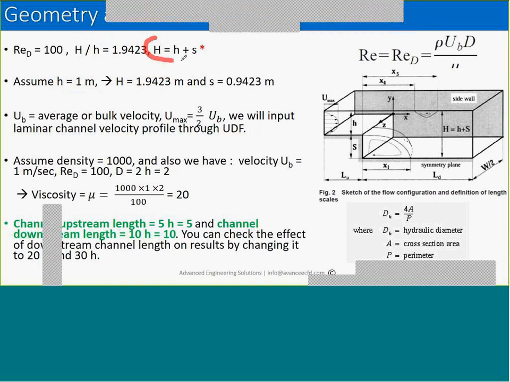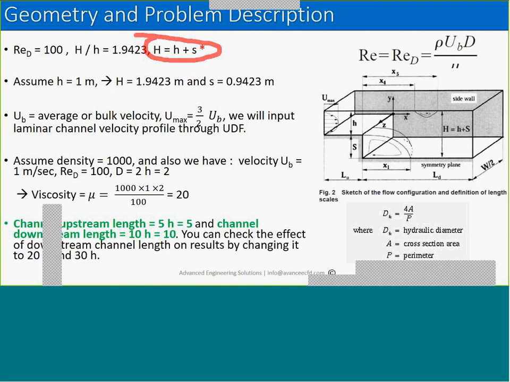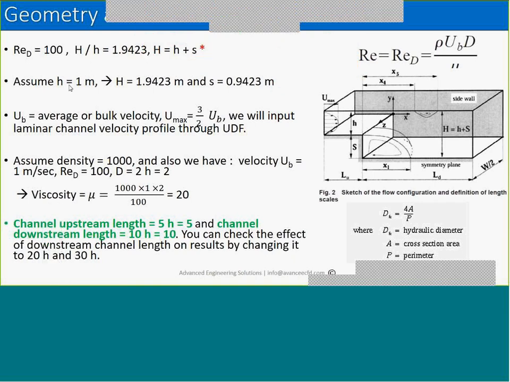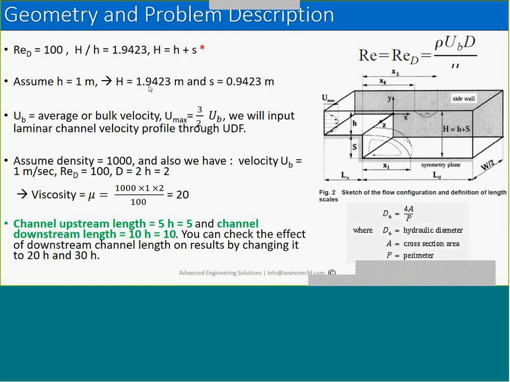And because we know the small h and the capital H, we can find out the value of S. So S is equal to capital H minus small h, which is 0.9423. So now we have some parameters: the small h is 1 meter, capital H is 1.9423, and the step height is 0.9423. Now you can see that we are getting somewhere, and we are getting some geometric parameters.